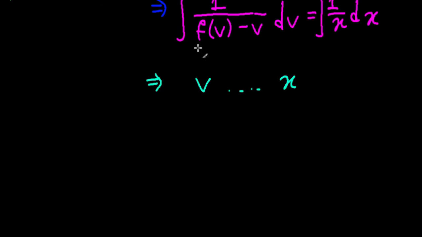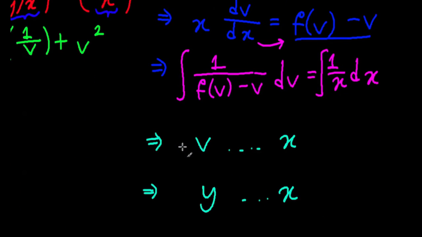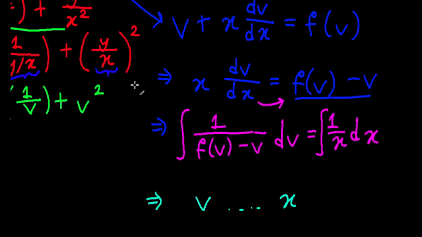If we do that, we basically have an expression where, instead of v, you'll have all the y by x's, and obviously you have an x here with the y. What I'm trying to get at is you will have a relationship between y and x, which is our goal. The whole purpose of solving this differential equation is to get a function or relation between y and x, which we should get at the end, provided that we can take this integral.